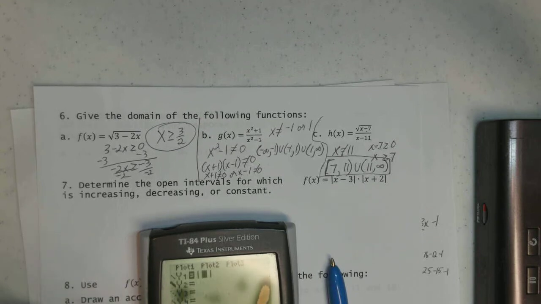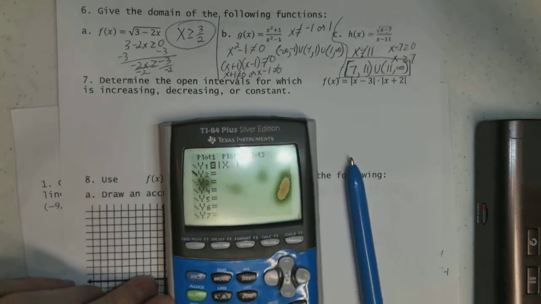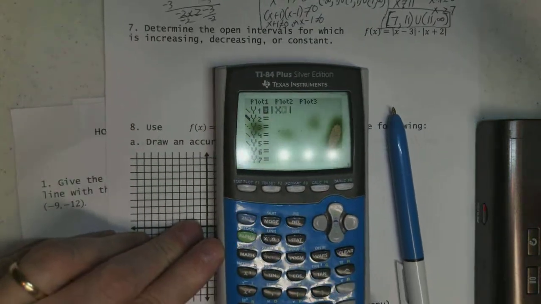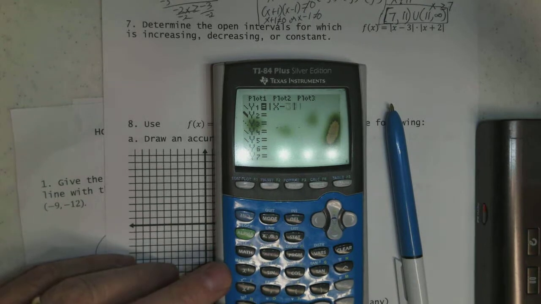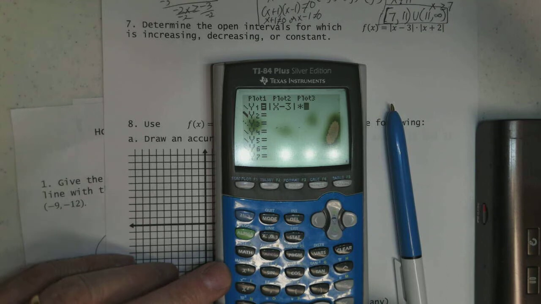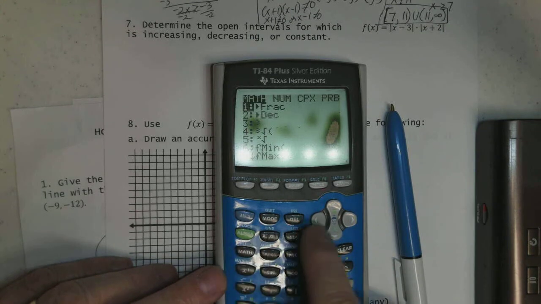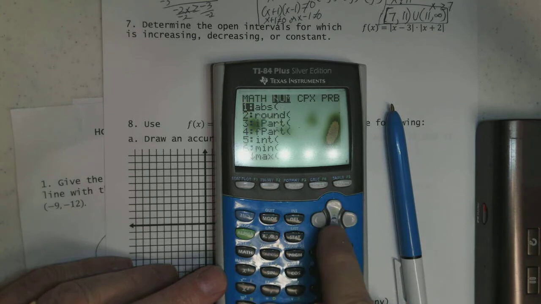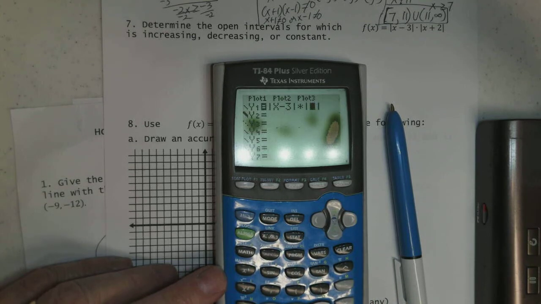The absolute value. And then x. You know those. Minus 3 times the absolute value. Here it is. It's math under num. Go to num, and it's number 1 there. Absolute value, x plus 2. X plus 2.